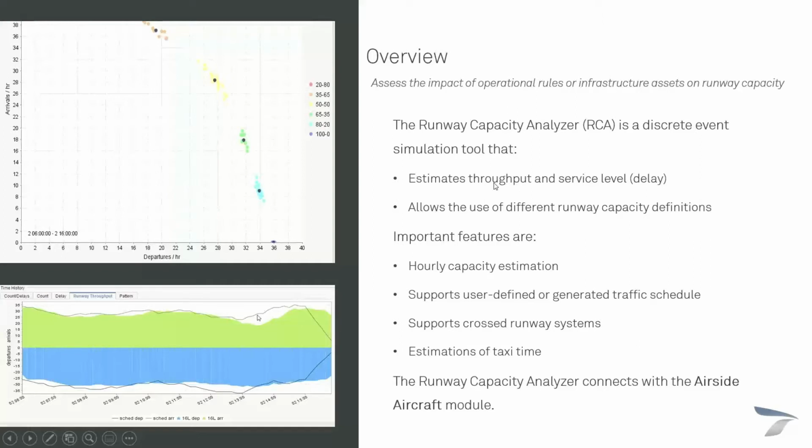So by having a detailed table of aircraft performance data, which contains aircraft acceleration data, aircraft landing speeds, touchdown speeds, and takeoff speeds, then AirTOP essentially makes the same calculations that it would do to simulate the path of the aircraft. It does those same calculations, but to estimate how much runway time is needed for this aircraft, and how much time is needed to maintain separation with the aircraft behind or the aircraft in front.